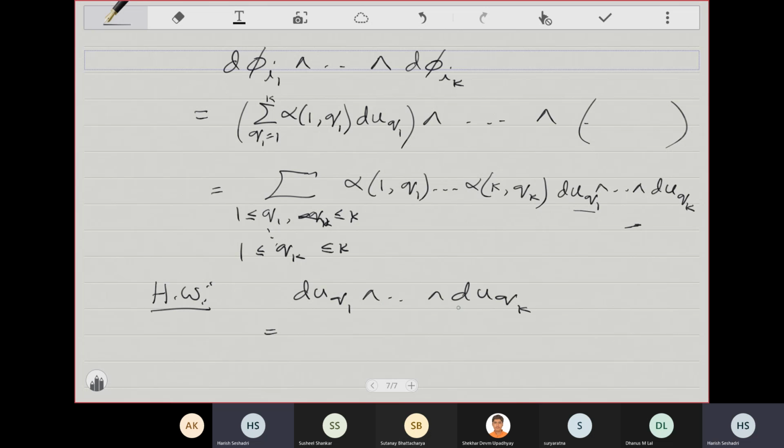So we just have to worry about when they're all distinct. In other words, q1, q2, qk will be a permutation of 1 to k. That is the only case to consider. And in that case, this will be that S function that we had introduced when we talked about determinants, which is just the sign of the permutation actually. But you don't need to know that. You can directly prove this. It equals S times d u1 wedge d uk.